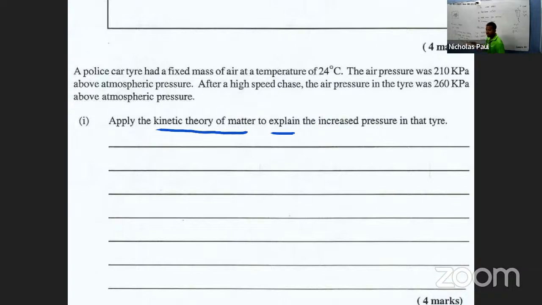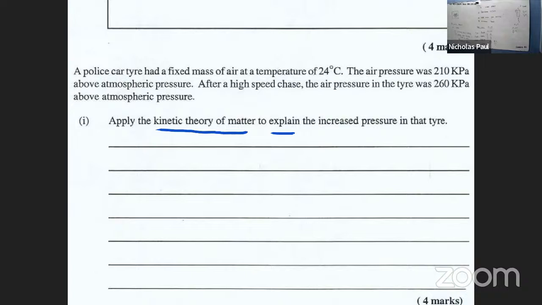So when you say kinetic theory, are you doing calculations, or are you using theory to explain? Theory, right? So use the theory to explain why there's an increased pressure. This is a scenario explanation.